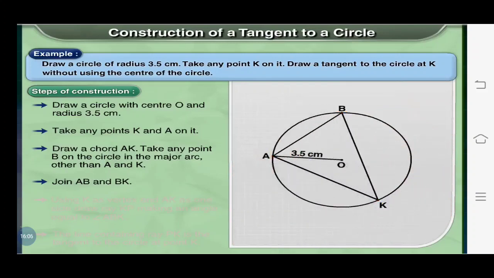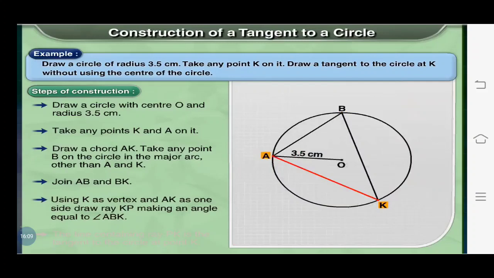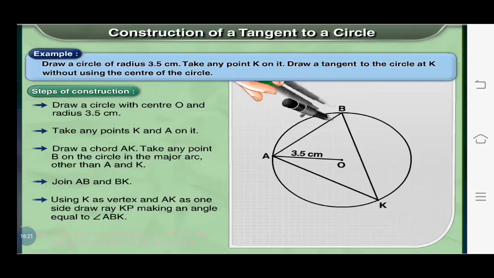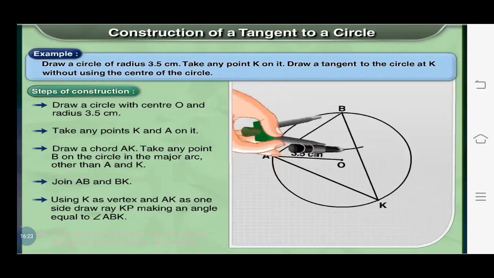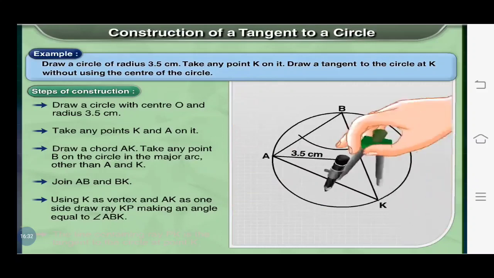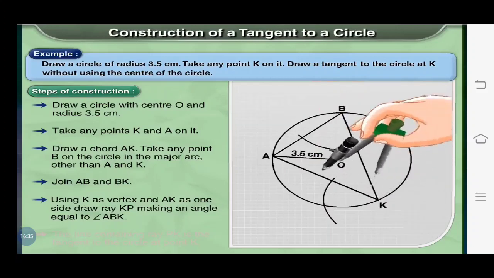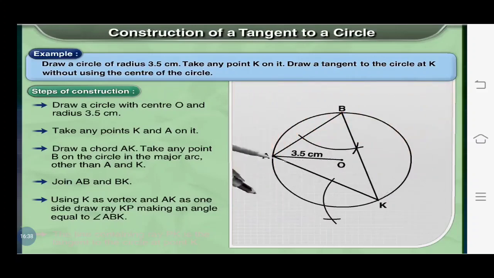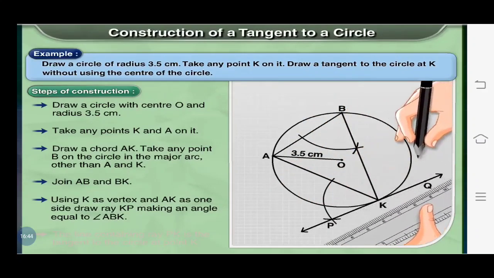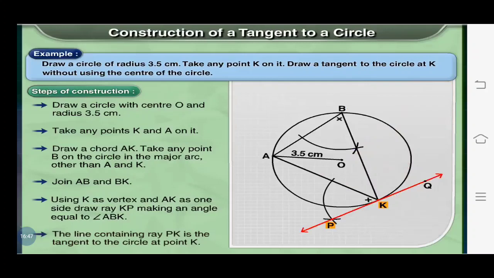Using K as vertex and AK as one side, draw ray KP, making an angle equal to angle ABK. The line containing ray PK is the tangent to the circle at point K.